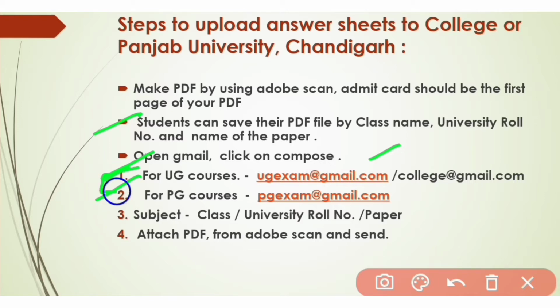Both these emails are useful for private students. Similarly, regular students can use the email provided by their college or department. Next, in the subject you have to write class name, university roll number and name of the paper. Then attach the PDF from Adobe Scan and then send.